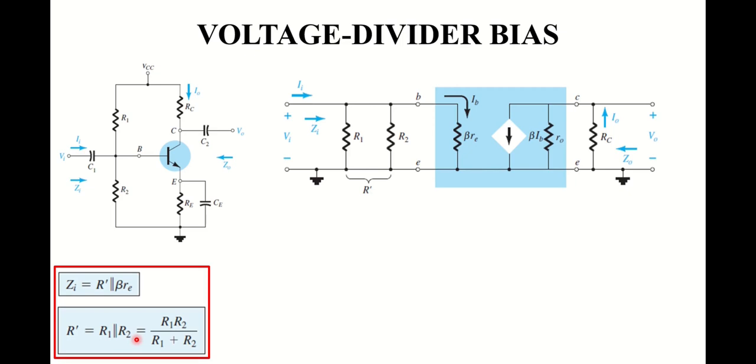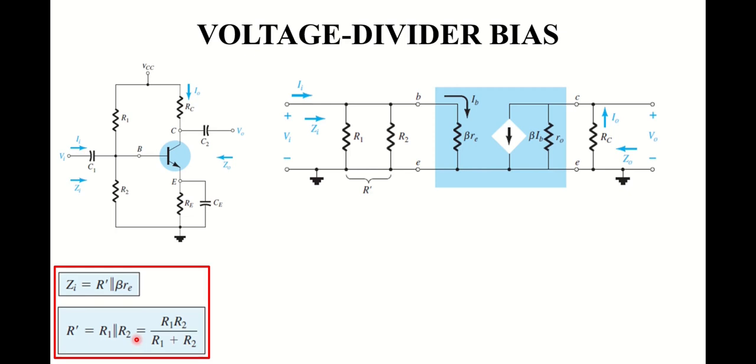As I have already stated, there will be no change in the formula of output impedance Z0 and voltage gain AV for the voltage divider bias configuration, because the output side of this circuit is similar to the output side of the common emitter fixed bias circuit. You can refer to previous slides for comparison.